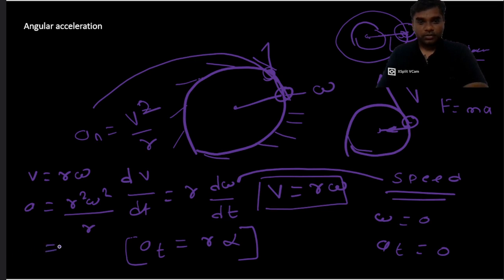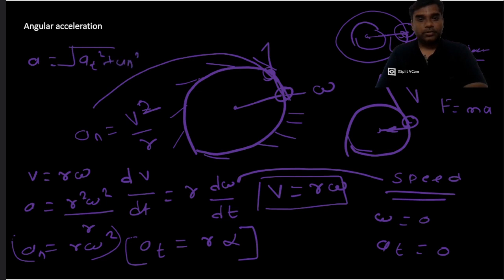Then we get omega square r. It's the normal acceleration. And the total acceleration for the body is the square root of a_t square plus a_n square.